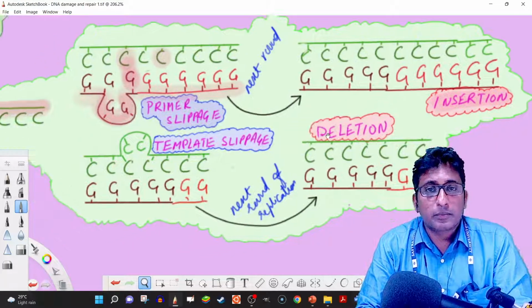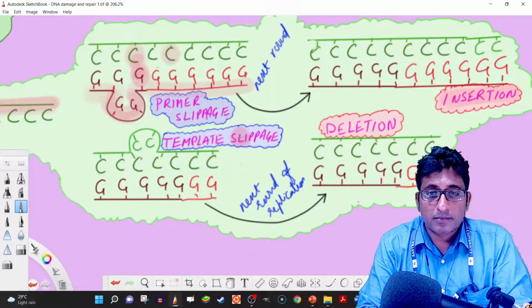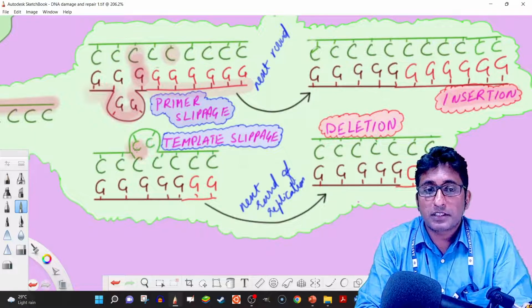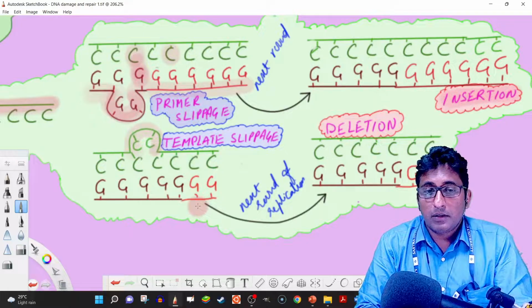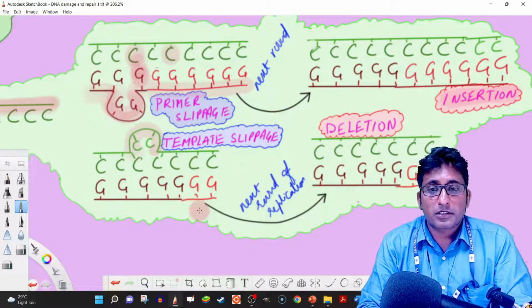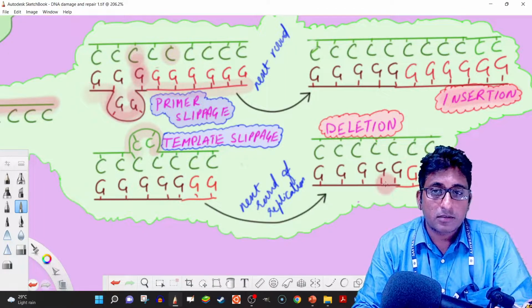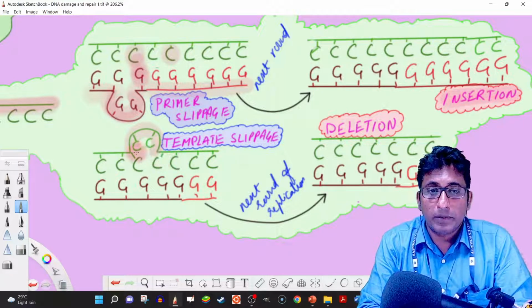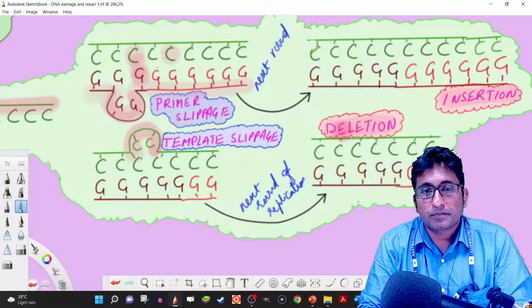Deletions can also occur because of slippage, and that is if the template slips. During replication, if the template forms a loop like this, then the growing complementary strand would have 2 bases less, or base pairs less, and that is because of this looping here, and that results in deletion.